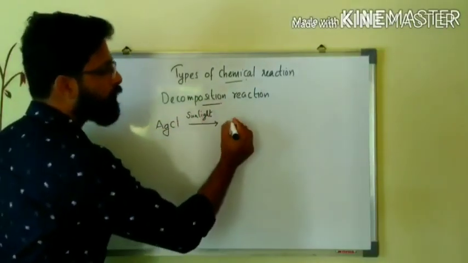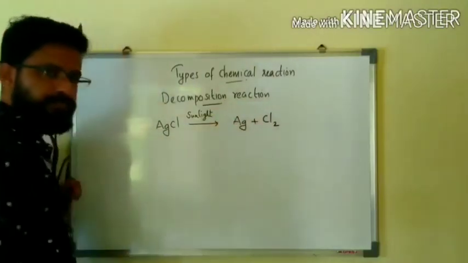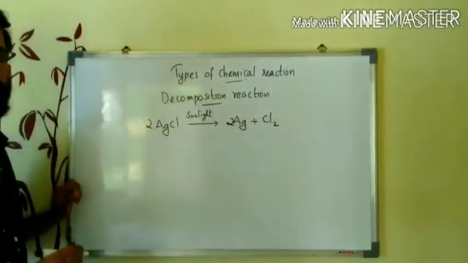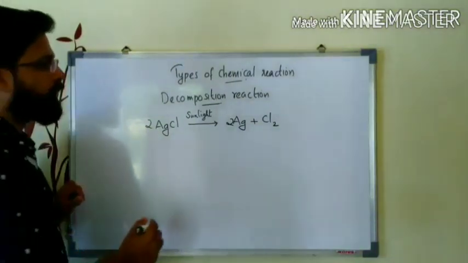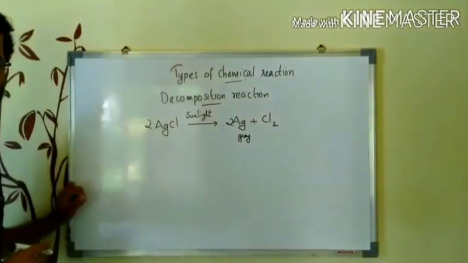Silver chloride decomposes to silver and chlorine. This is the balanced equation. The reason for the grey color is silver.